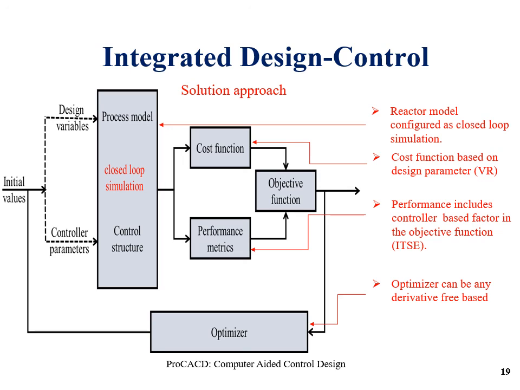Again you run the process model in MOT, calculate the cost function and the performance metrics and then the objective function, and this cycle goes on until you get an optimized objective function, which will give you the best VR or design variable and the best controller parameters, the best proportional constant, best integral constant, etc. This has also been implemented, but we are right now in a testing phase.